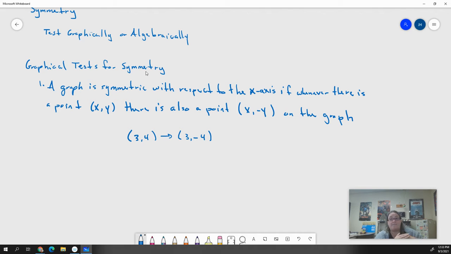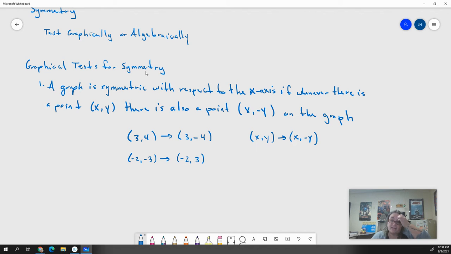So for every single point on that graph, it's going to have a point with that same x value and an opposite y value. So if I had a point (-2, -3), I would also have to have a point (-2, 3), right? Because that is the opposite. It's saying for every (x, y), I also have to have a point (x, -y), which is just the opposite of this one. Does that make some sense?